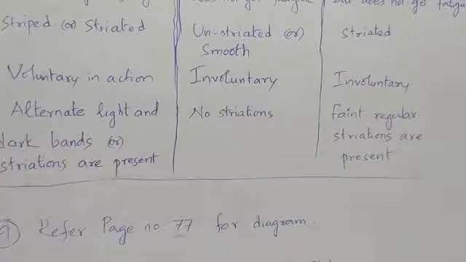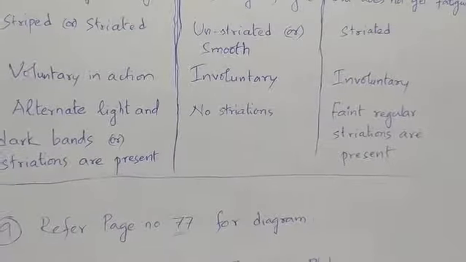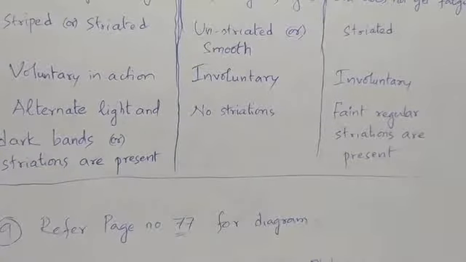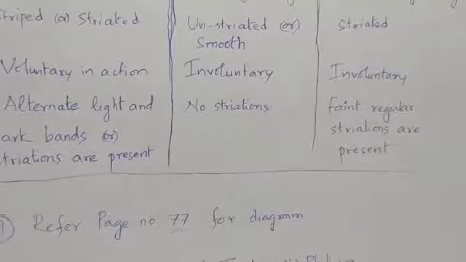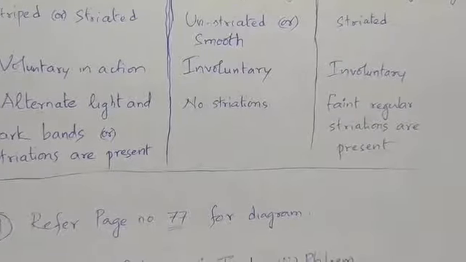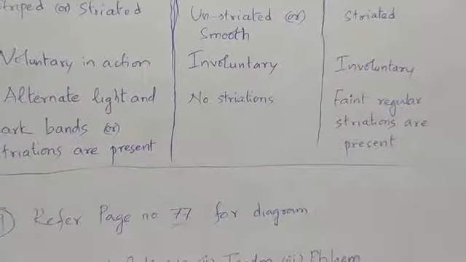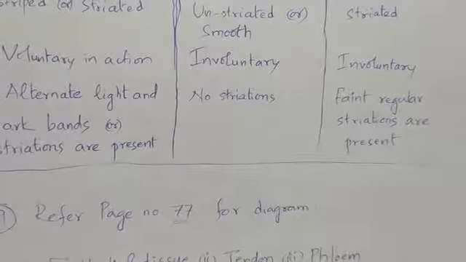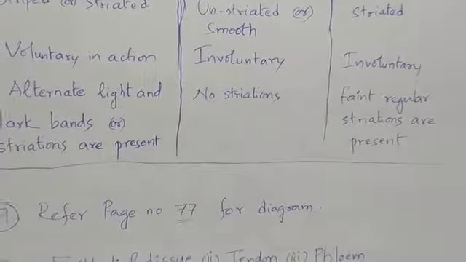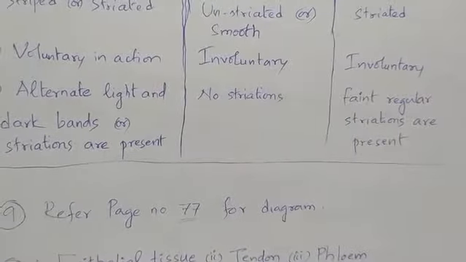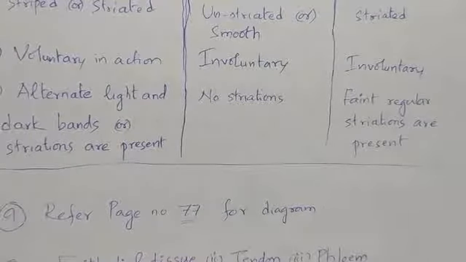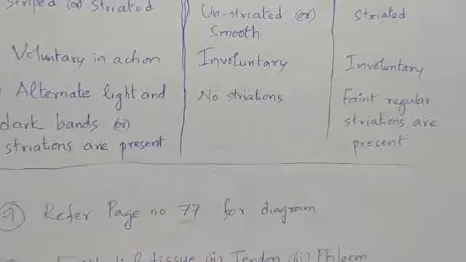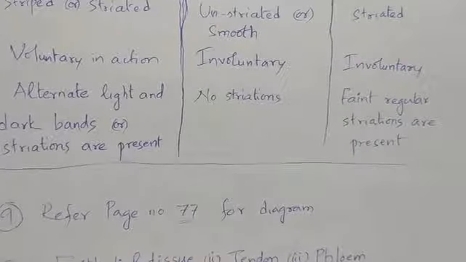In skeletal muscle cells, alternate light and dark bands or striations are present. In the case of cardiac muscles, not alternate but regular, faint striations are present. Both are striated only, cardiac and skeletal. What is the difference?